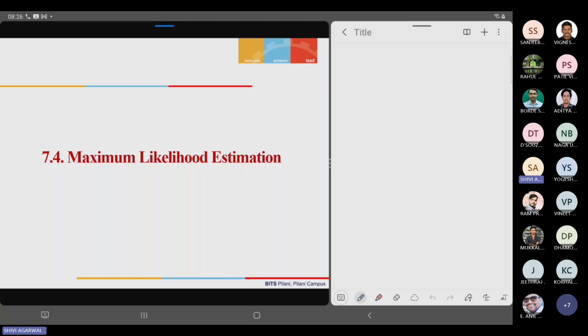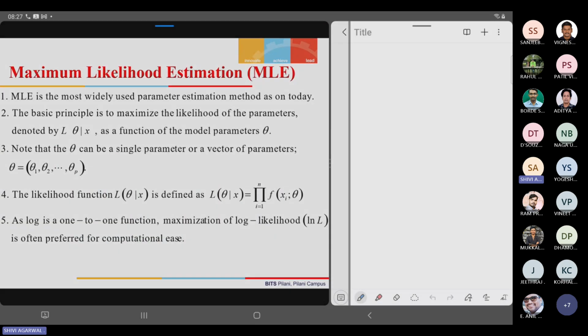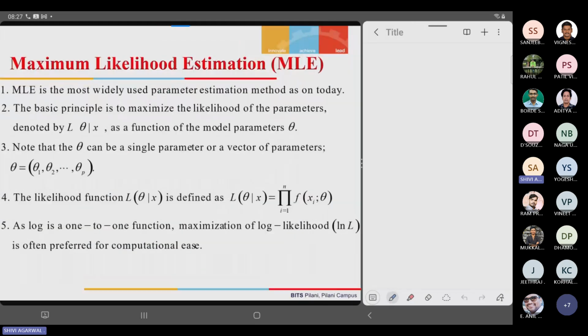So now this is the maximum likelihood estimator. As the name suggests, we are doing estimation, which we can also consider a point estimation, because we have done the unbiased estimation. If you remember, in point estimation we say X bar is an unbiased estimator for mu.